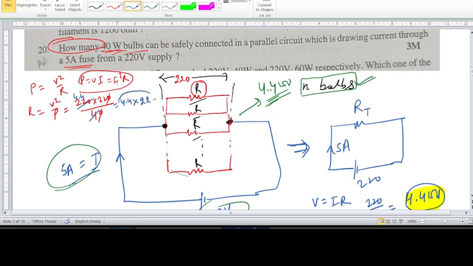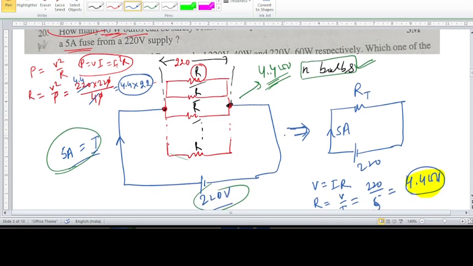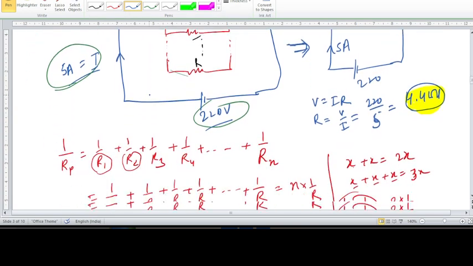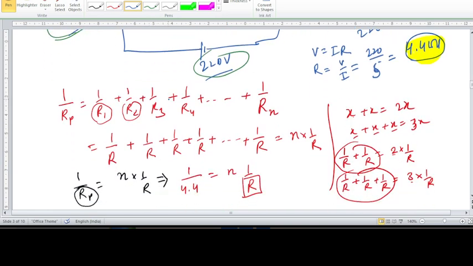I am not going to calculate it, because I have to put it simply here. So R is 4.4 into 22, and I am going to put it here: n into 1 by 4.4 into 22.